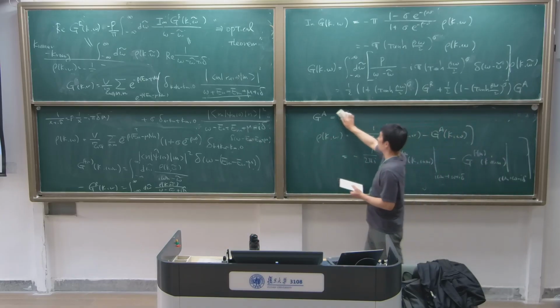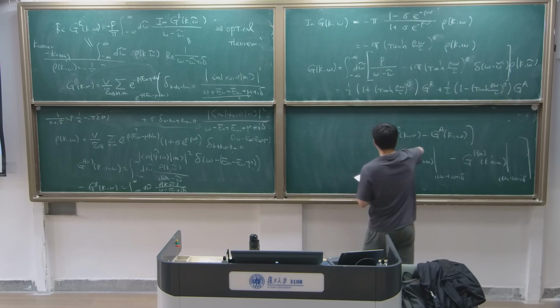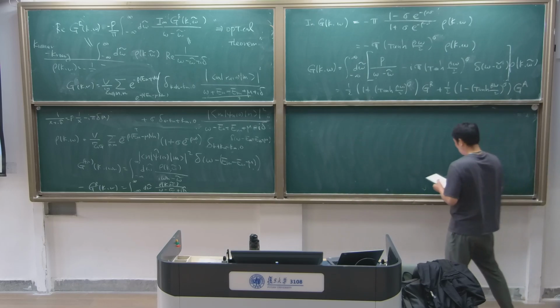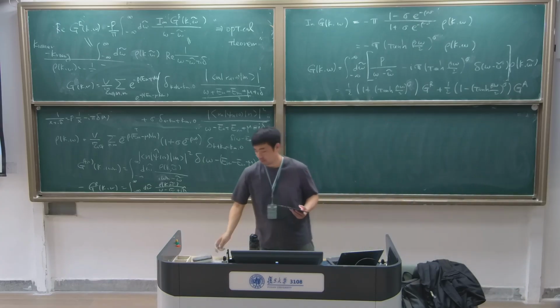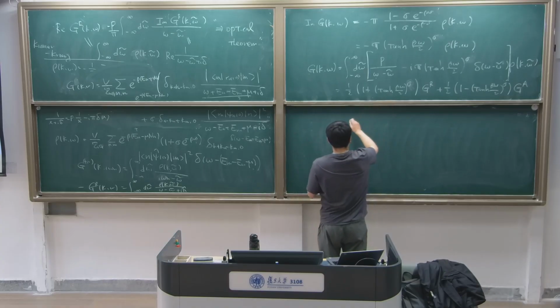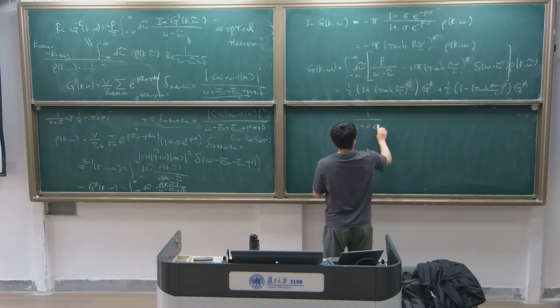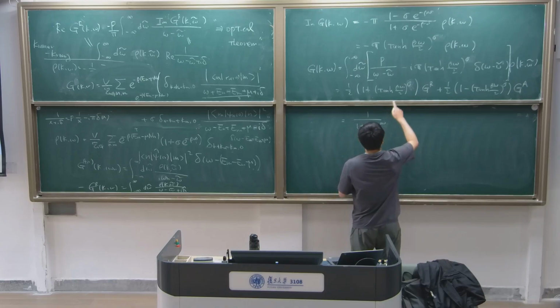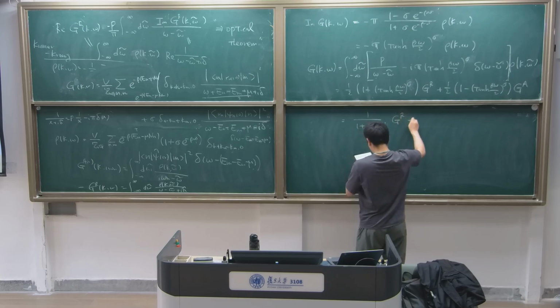Okay, and let's move on. If you massage this way, it's just written as 1 over 1 plus sigma e to the minus beta omega, and it's a very simple massage of the G part.